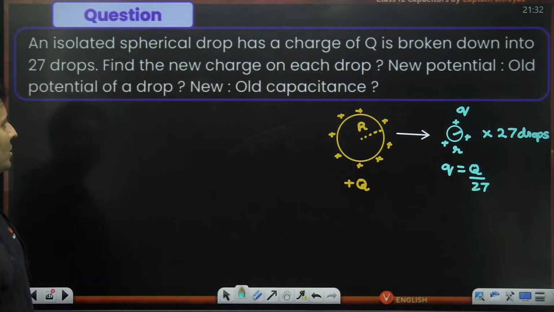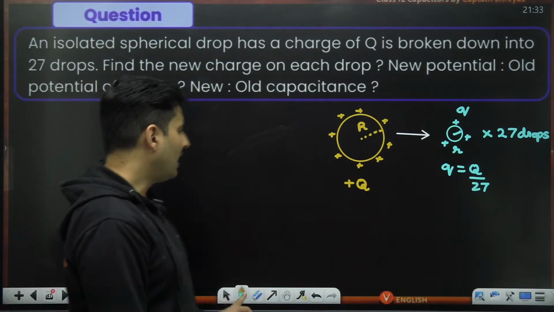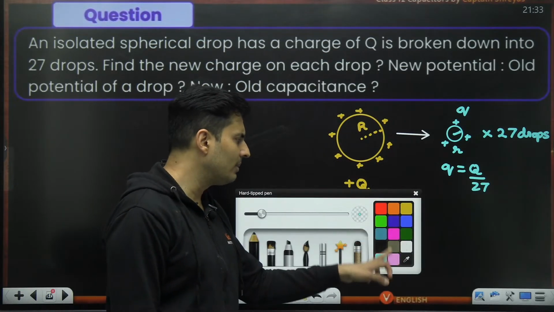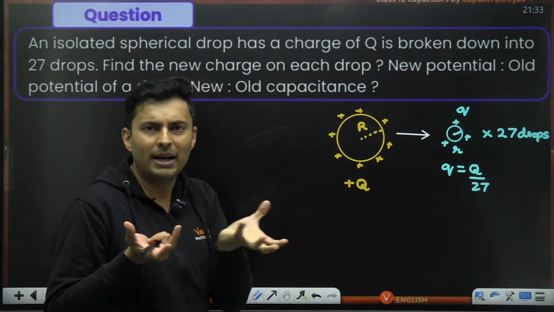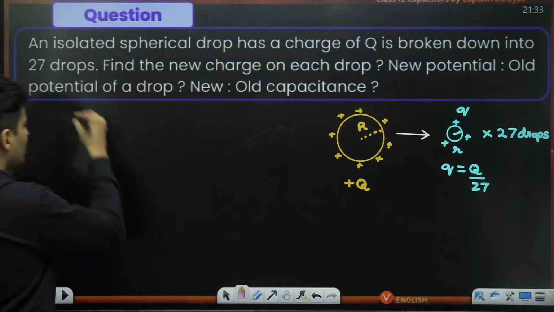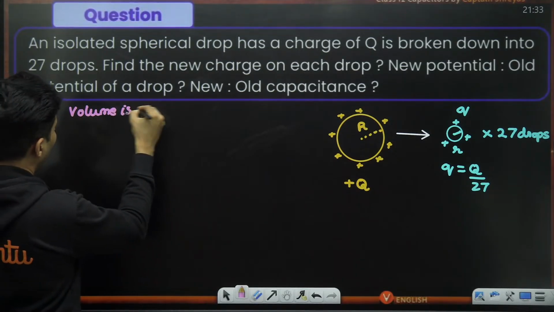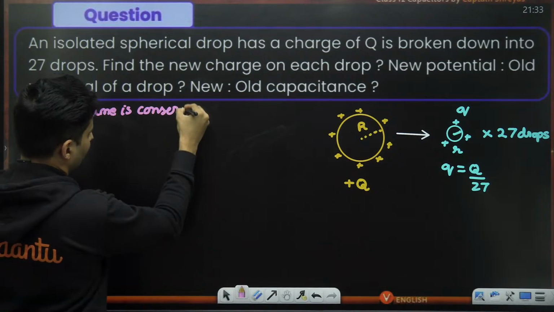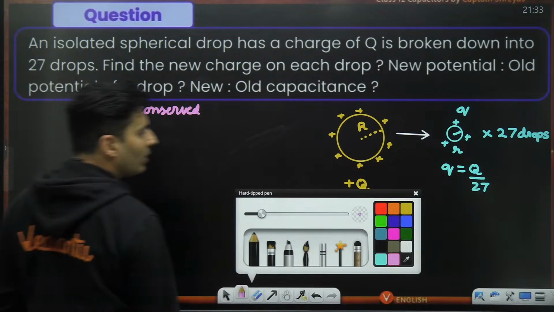What is new potential to old potential, new capacitance to old capacitance? Okay, before going there, I have a feeling that the volume will be conserved. Why is it that the volume will be conserved? Because whatever the matter is there, it should not be destroyed. So I can just say volume is going to be conserved. So what is the initial volume versus what is the final volume?